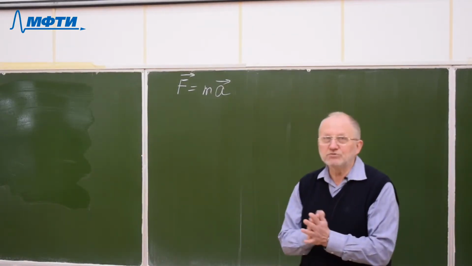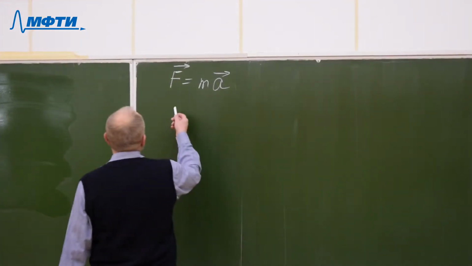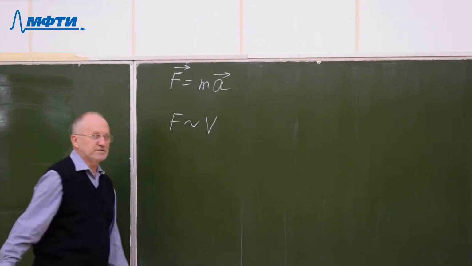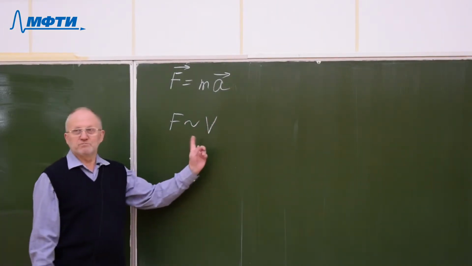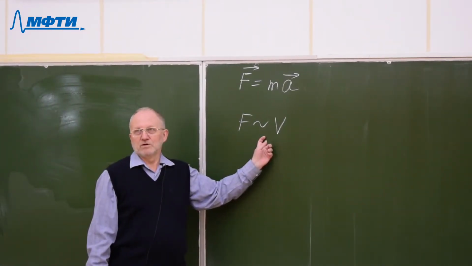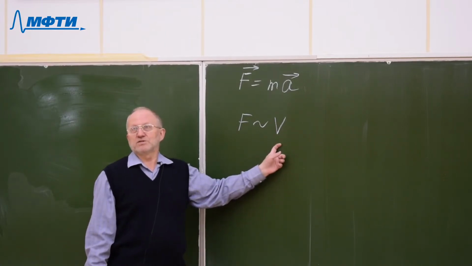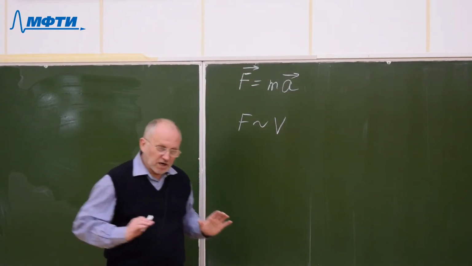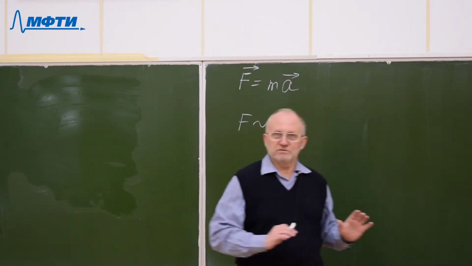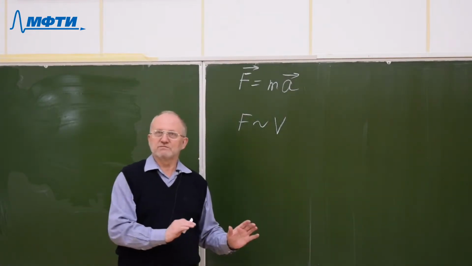Before Newton, people thought that a force acting on a body is proportional to its velocity. Before Newton, people believed that was a correct law. And that seems to be natural, by the way, because if you want to push the cart quicker, you have to push harder. You have to apply a larger force to increase velocity.